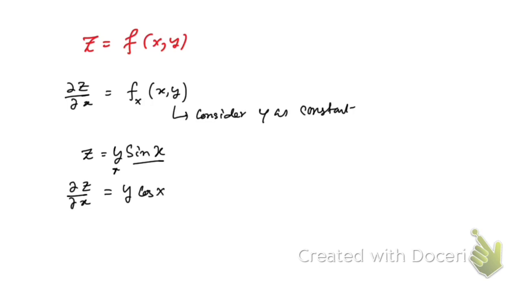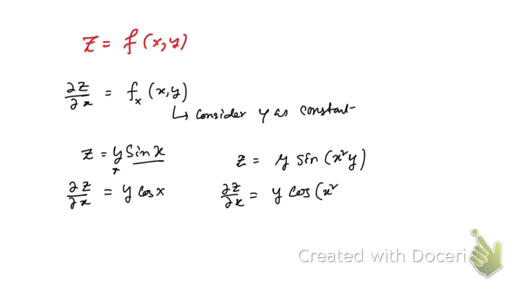Now suppose z is equal to sine of x square y. If you differentiate it with respect to x partially, then y should be taken as constant. The derivative of sine x is cos x, so here we write cos of x square y.